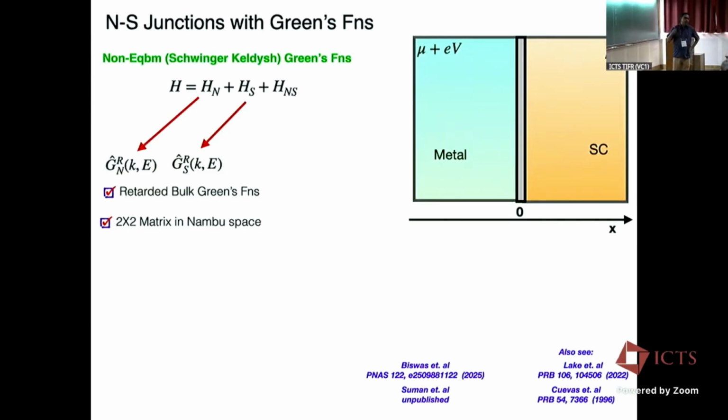So you're not going to make an assumption about the structure of the Green's function, other than that it has a 2×2 Nambu structure, because you ultimately want to describe superconductivity. But modulo that these are 2×2 matrices and have standard retarded Green's function properties, you will not make any assumption about what kind of Green's functions you are putting in there. You will think of the tunneling as an effective tunneling between the metal and the superconductor given by the scale gamma.